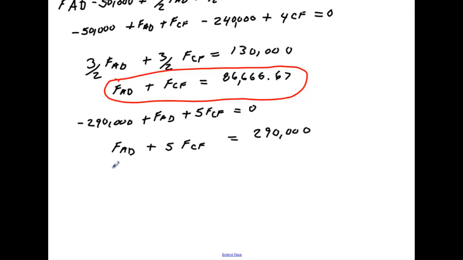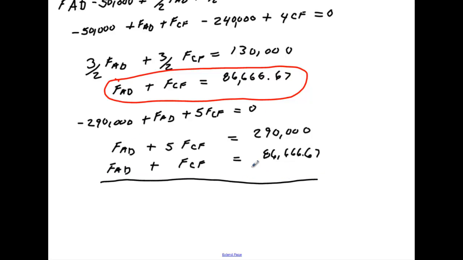Let's take this equation here and put it right below it. Okay, we got two equations. We're going to subtract this. Let's make this a negative, make this a negative, make this a negative. Let's add those together. That gives me 4 FCF.